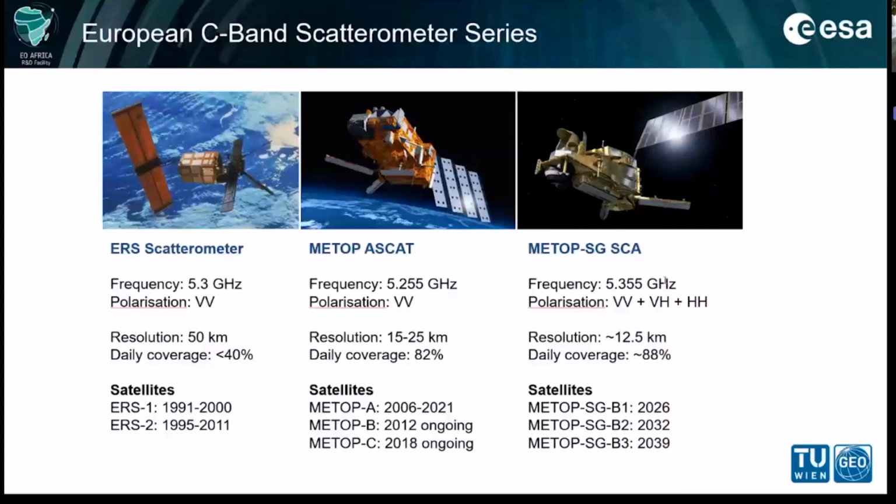Also, very importantly for our application, we have always had data in a so-called vertical polarization. That means we send out electromagnetic waves in vertical polarization and receive vertical polarization back. One novelty of the upcoming SCA instrument is that we will not only have VV, but also VH and HH polarization.